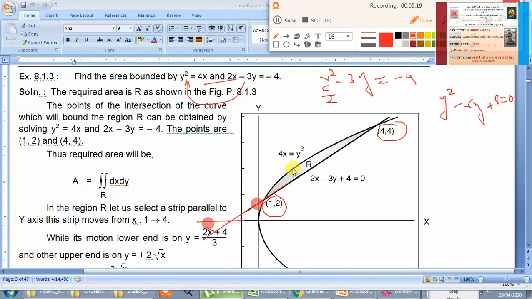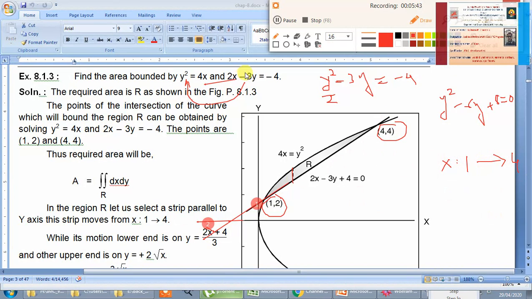If we take a strip parallel to the y axis, that strip moves from x equal to 1 to x equal to 4. So the limit for x varies from 1 to 4. The lower end is on the straight line.